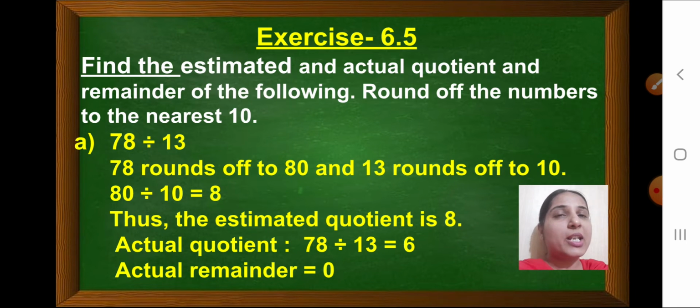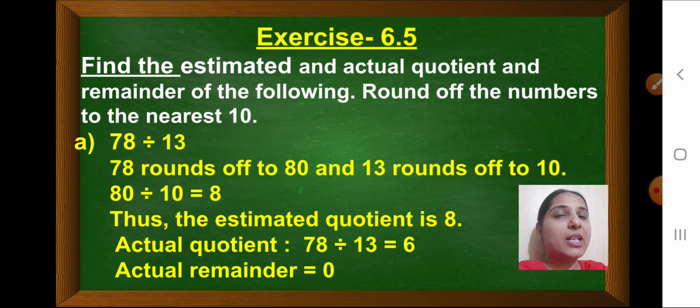The question is, find the estimated and actual quotient and remainder of the following. Round off the numbers to the nearest 10. So here you can see children, question A is 78 divided by 13.